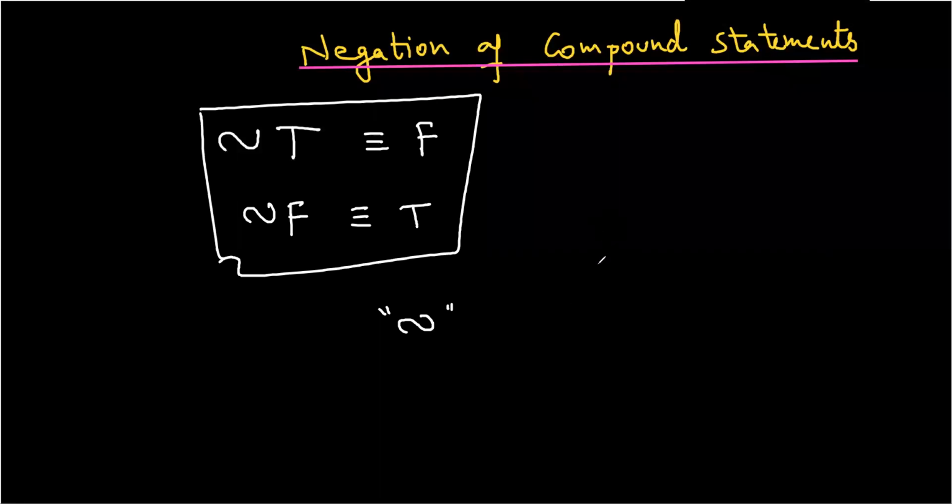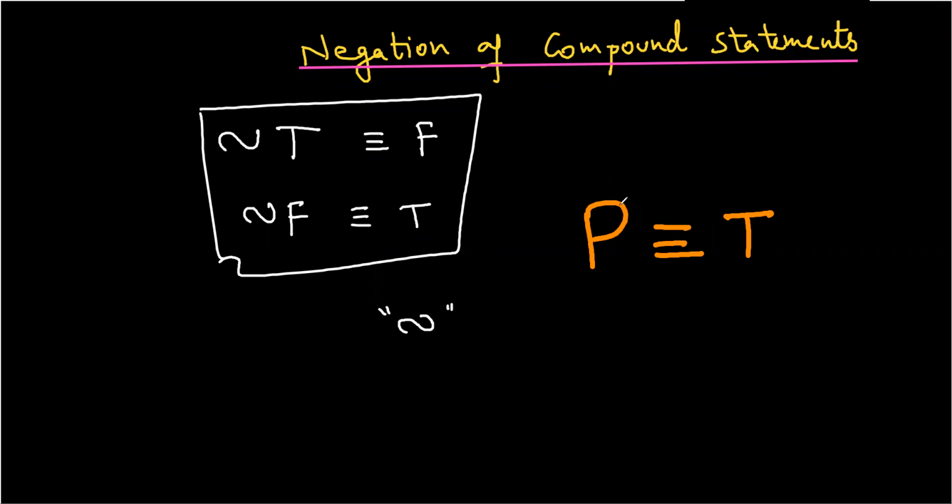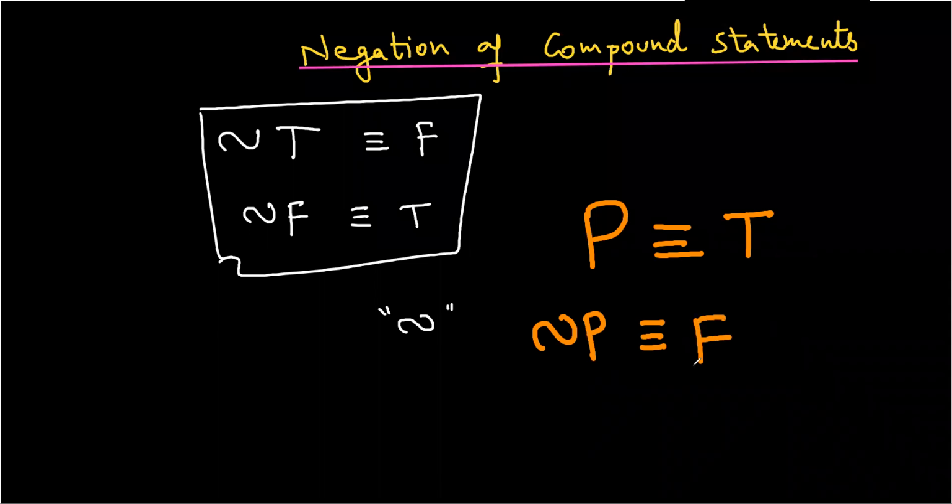Suppose I have a compound statement P, and P happens to be true. The truth value of P is true. Now I'm writing negation of P. The truth value of negation P will be false.